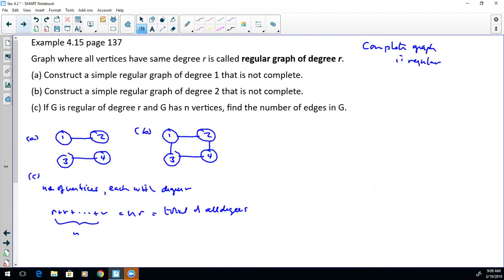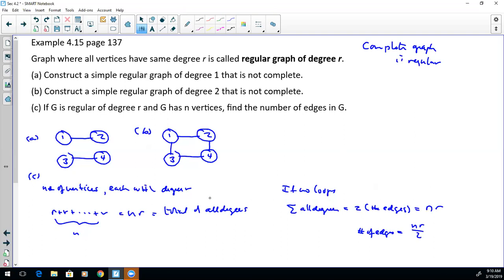So if no loops, then the sum of all the degrees equals 2 times the number of edges. And we just said that was n times r, so the number of edges is n times r over 2.